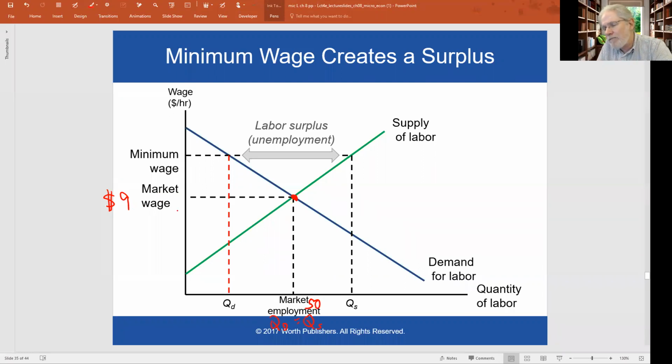What if, because we know that in the US, the minimum wage is $7.50 an hour. So with a minimum wage of $7.50 an hour, what will the effect be?